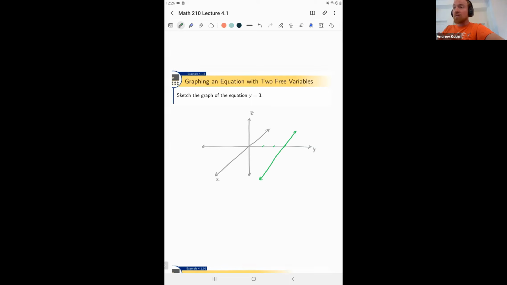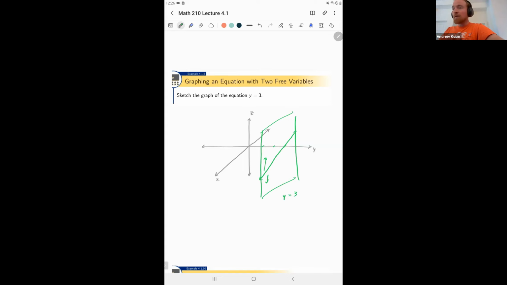But let's also let our z component come into play and let that be anything you want. Once we're on this line, we can then go up or down by any number of units. So really what we're going to have is an entire plane's worth of solutions to y equals 3.